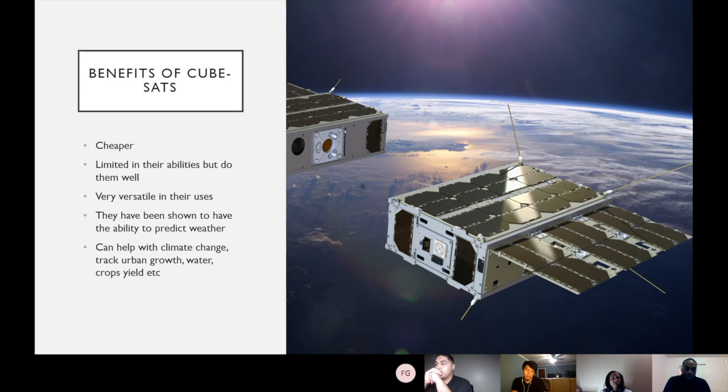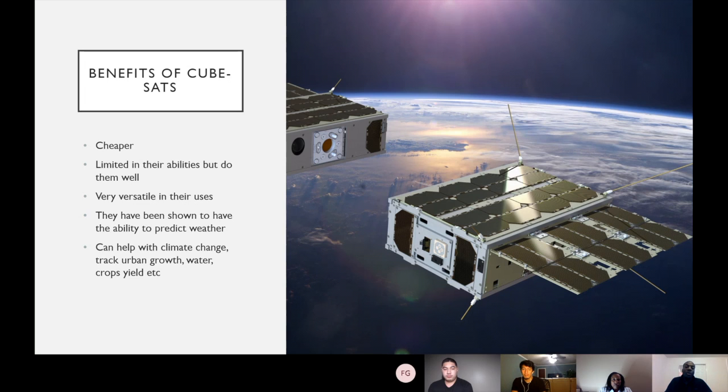Some of those capabilities that have been programmed or experimented with on cube satellites have been weather prediction. They can help with climate change. We all know there's a big population of the American population who believes climate change is a hoax. Well, something like the cube satellite can help propose more concrete evidence to the disbelievers.